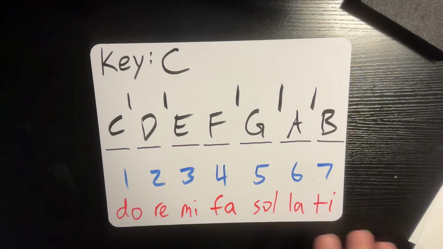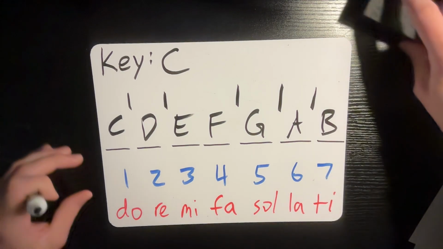And it's a little bit harder to see that in all of the other keys where we have black notes in the scales. But keep this in mind. Keep the major scale formula in mind because it is always the same. The formula never changes. That's how we get the major scale, through the formula.